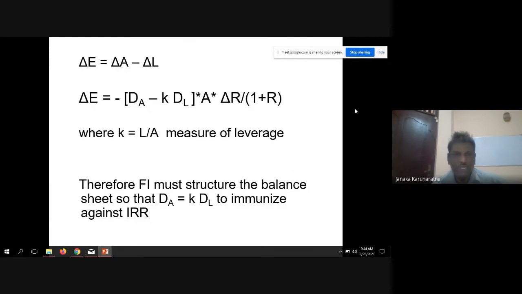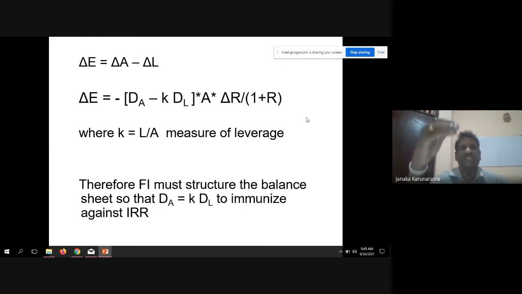Okay, so that is the duty of the risk manager. If your bank risk manager follows duration hedging, his duty should always be to look at the duration structure of assets and liabilities and take the leverage and see the impact on equity arising from movement of interest rate.